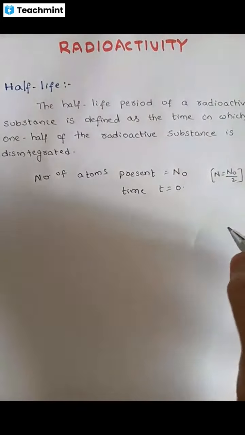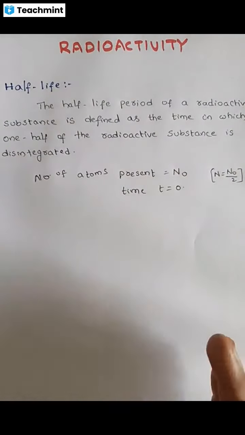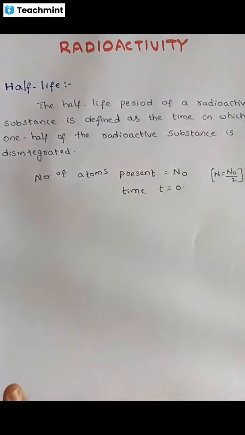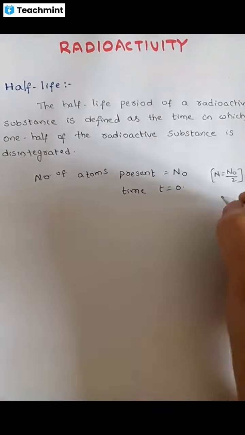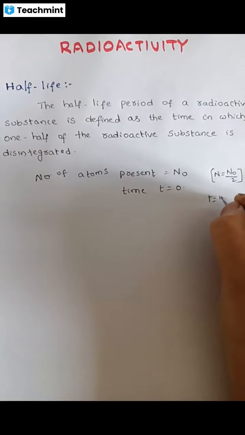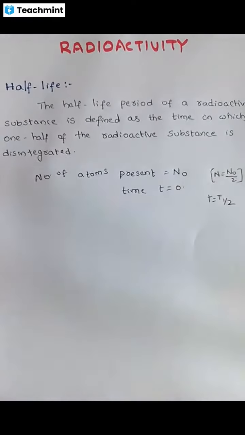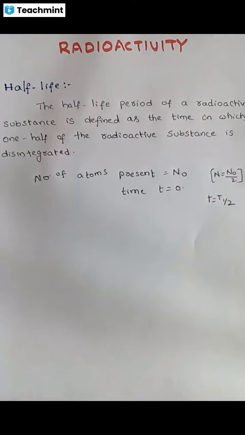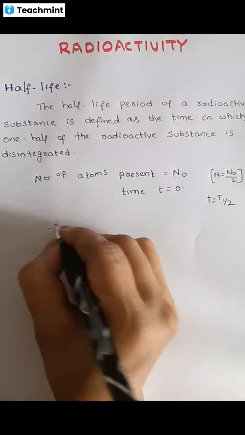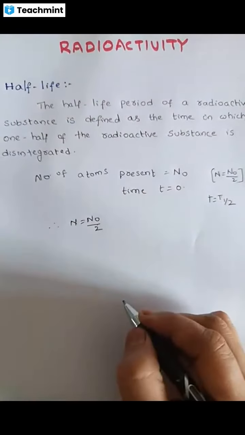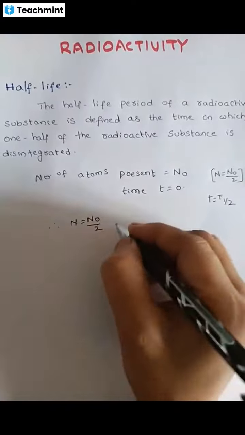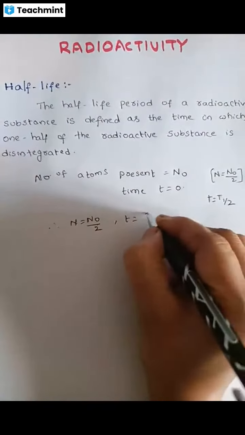At that time, the time taken to disintegrate half of its quantity is the half-life. We denote the half-life as t is equal to t half. So now we have N equal to N naught by 2 at the half-life period, and t equal to t half.